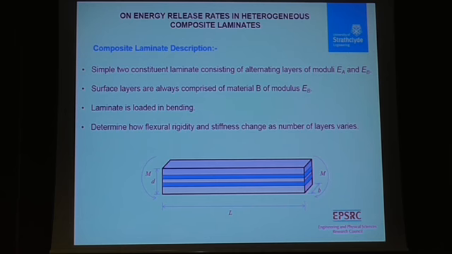The laminate is going to be loaded in bending, and what I'm going to do is try and determine how the flexural rigidity and stiffness change as the number of layers in the laminate changes, but I maintain the thickness of the individual layers.